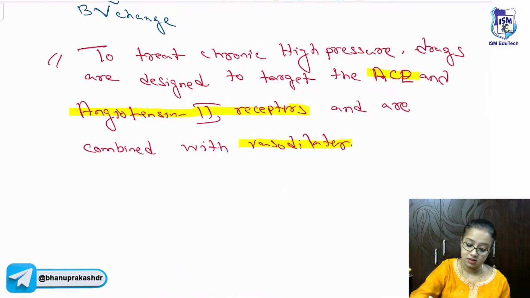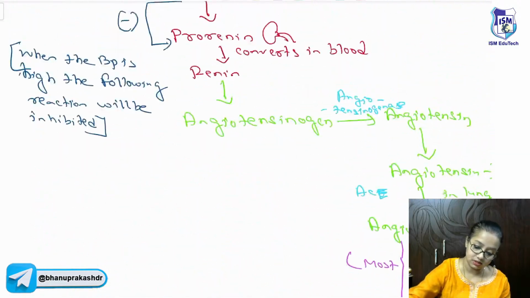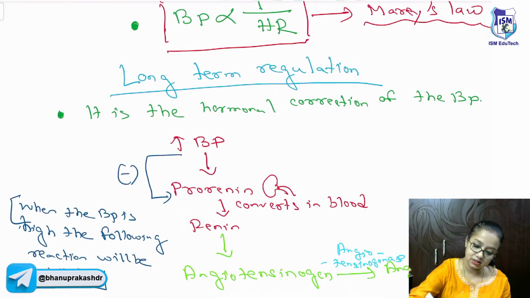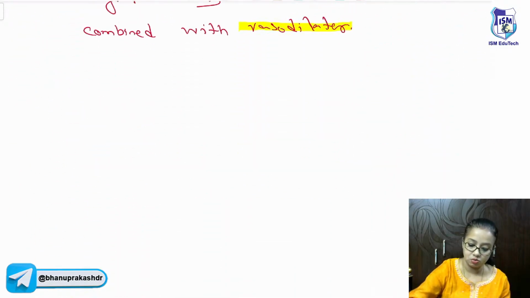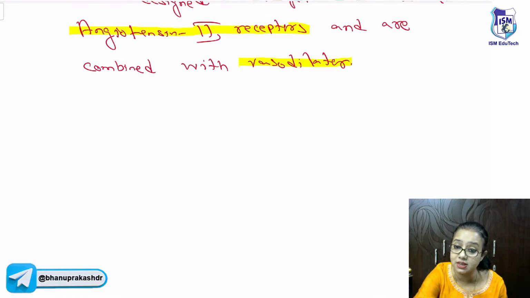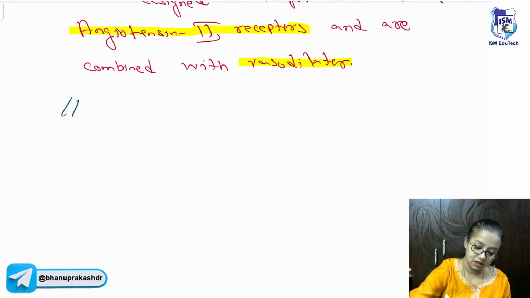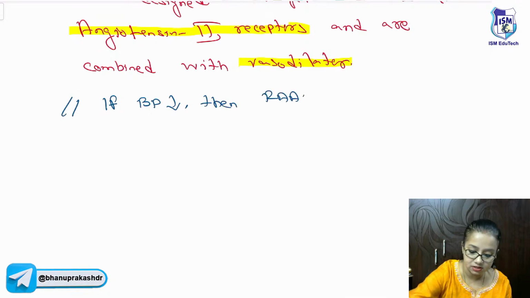Now, the whole system is the renin-angiotensin system, or RAS system. So what we understood was the inhibition of the RAS if the blood pressure is increased. Now, if blood pressure decreases, then RAS is stimulated.